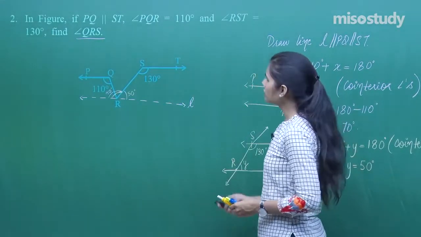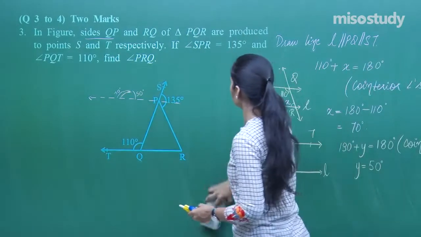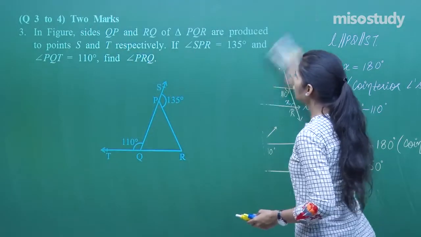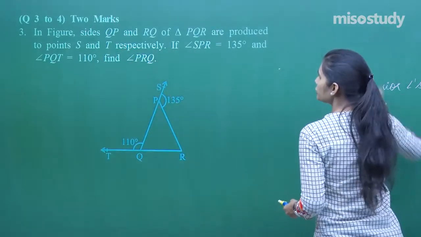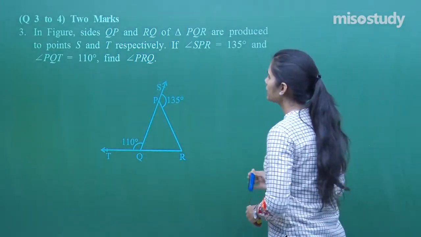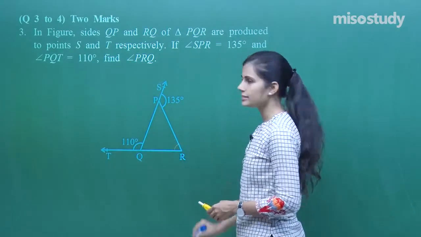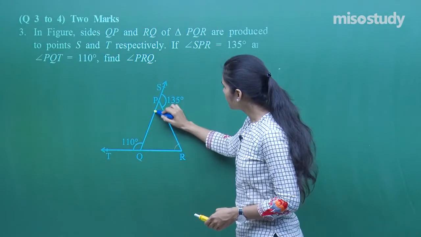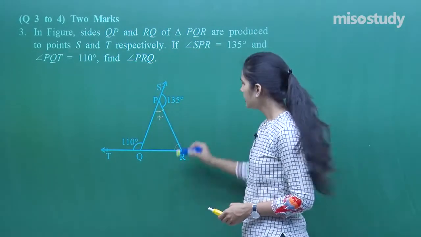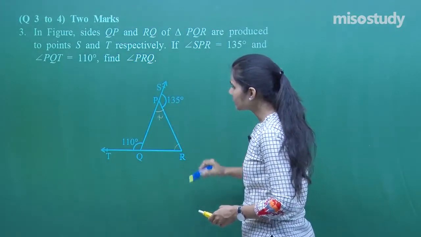Let's look at the next question I have. In this figure, QP and RQ are produced to points S and T. If angle SPR is 135 and PQT is 110, find angle PRQ. I am supposed to find this angle. Carefully observe what is the sum of 135 and x. Clearly, this is a straight line QS and PR is a ray standing on it.